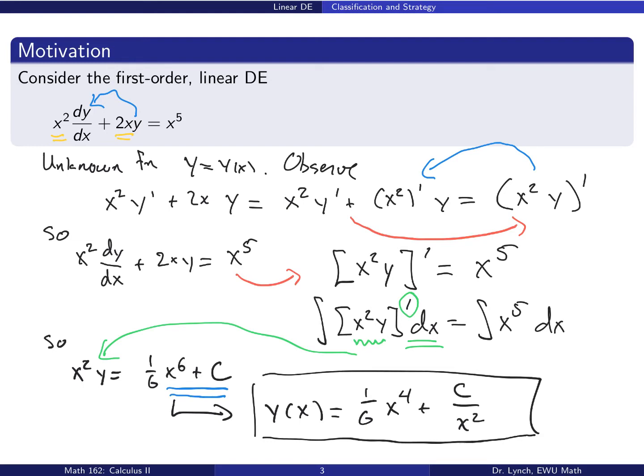We can then divide by this factor of x squared and see that the solution here is y of x equal to 1/6 x to the fourth plus some arbitrary constant over x squared. Using our terminology from before, we would call this an explicit family of solutions.